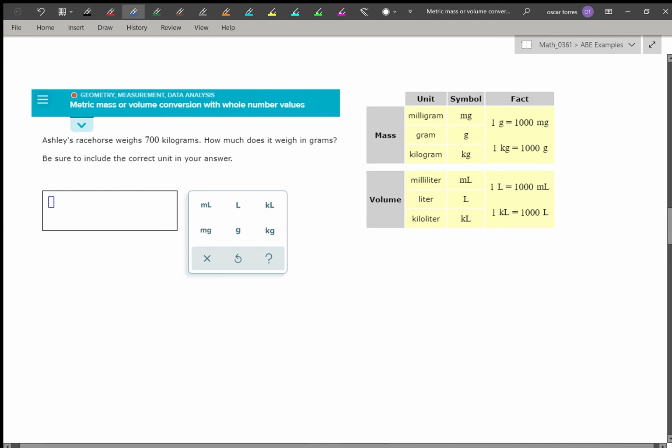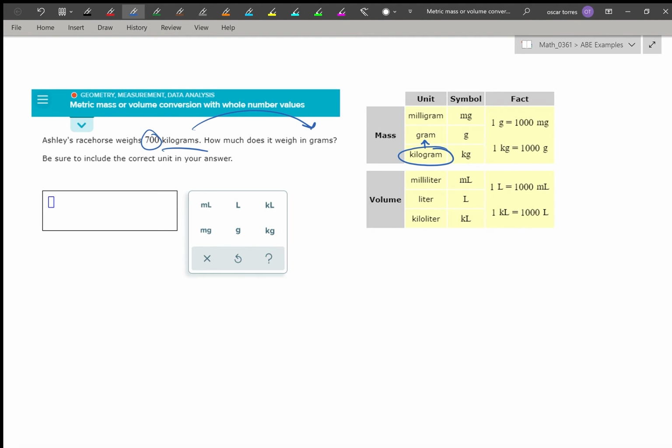For this problem, they tell us that Ashley's racehorse weighs 700 kilograms, and they want us to convert this kilograms into grams. So in terms of our table, we're starting at kilograms and we're working our way up. Anytime we work our way up, we end up multiplying the number.